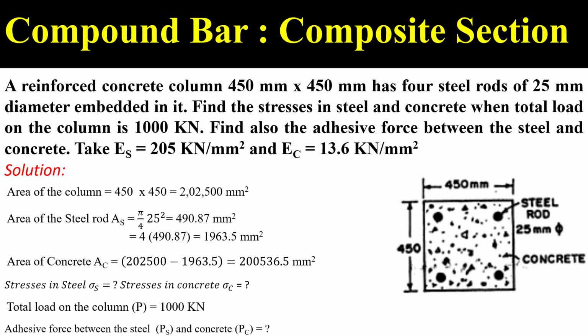We also have to determine the adhesive force between steel and concrete. Here the Young's modulus of the steel, ES, is 205 kilonewton per mm square, and the Young's modulus of the concrete, EC, equals 13.6 kilonewton per mm square.